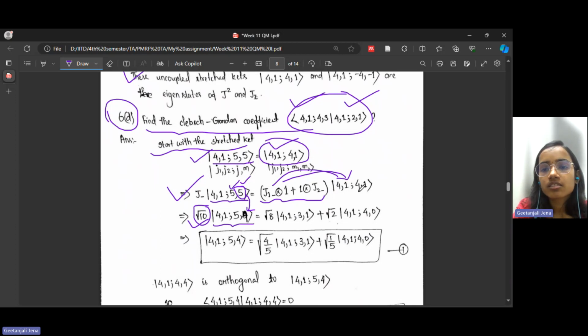So this J minus is nothing but, so this J minus will act on this M1. Okay. It will act on 4, right? It will act on M1. So the M1 will get reduced to 3 here. Let me change the color.